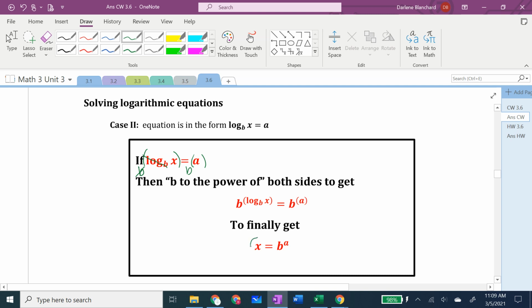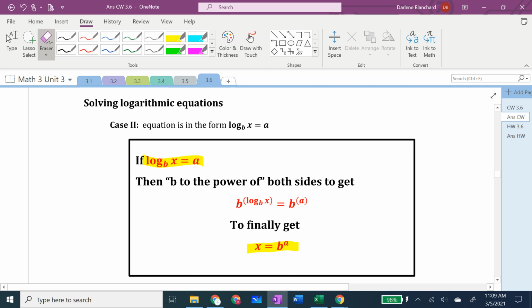And on the left side, I just get whatever was inside that logarithm. On the other side, the b to the power doesn't have anything to cancel with, so it is staying b to the power of whatever number you had. Any way that you see fit to go from this expression to this expression, any way that you see fit is fine to use.